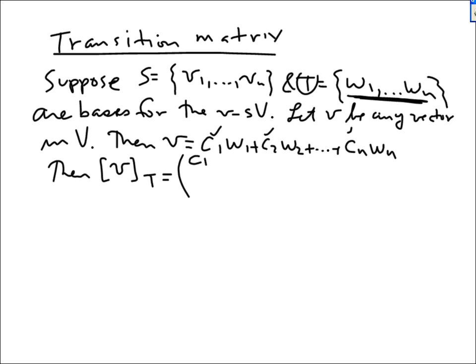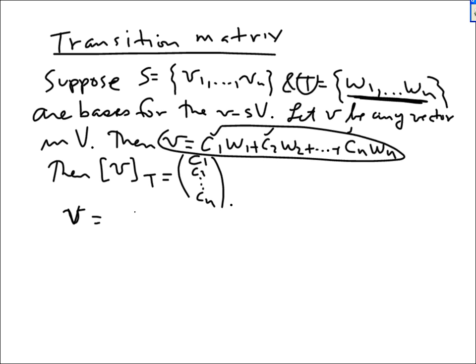We can define a vector just by the scalars of an ordered basis: c1, c2, up to c sub n. Now, we know that little v is equal to c1w1 plus c2w2 up to cnwn.